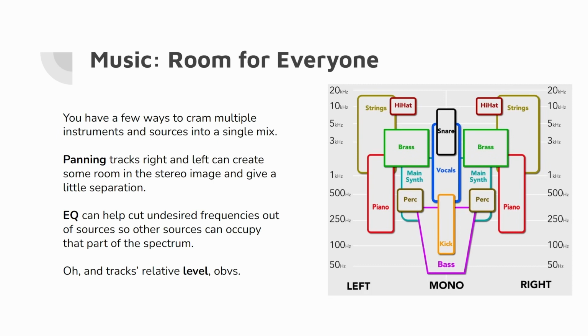So this is an interesting plot of how you might arrange a mix. You can see from the low end of the spectrum all the way up to the high where these instruments might live, where the main part of what we want to hear for them lives. And then in the left to right stereo spectrum, where you might put stuff.